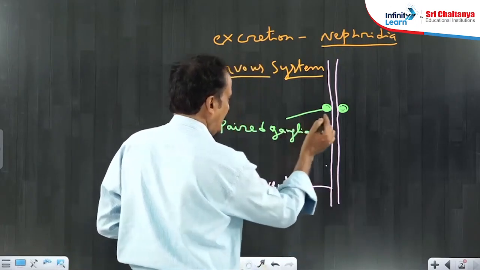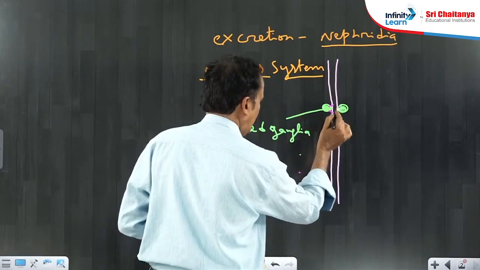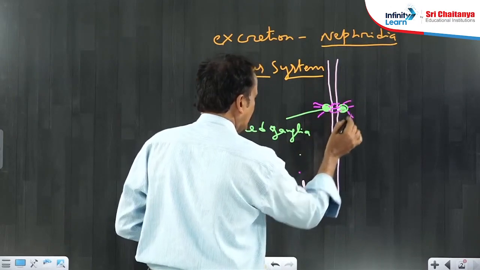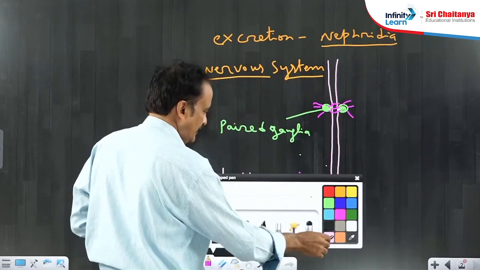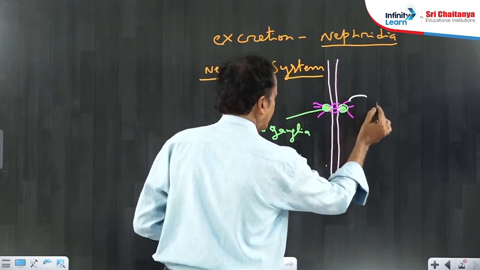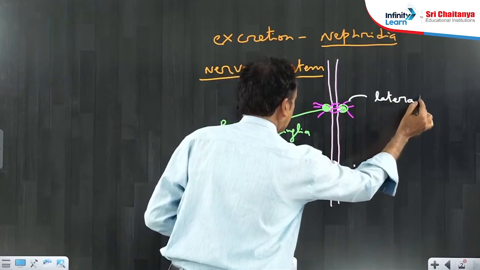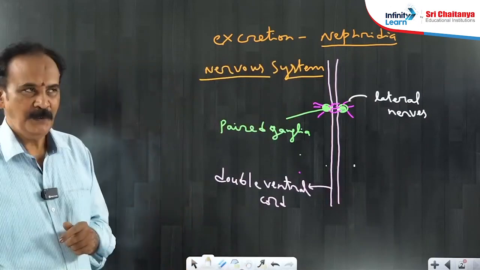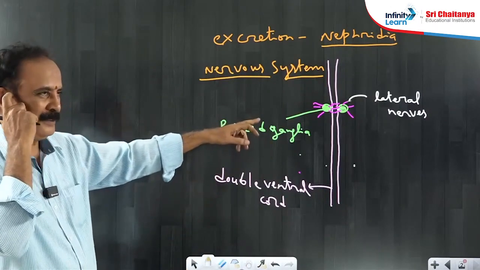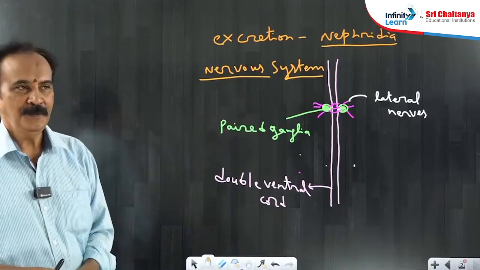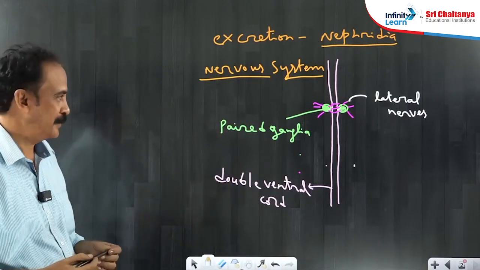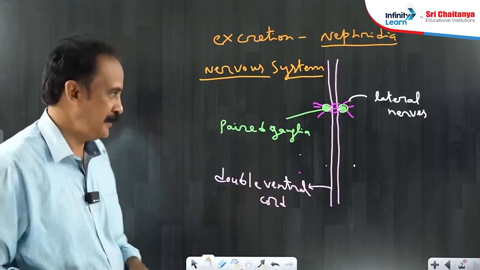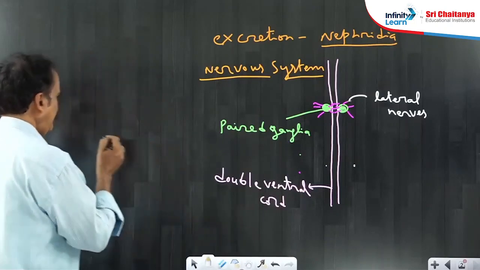I will use this color to indicate they are connected with the help of the lateral nerves. These are the lateral nerves. So with the help of the lateral nerves, it is connected with the nerve cord. If you can remember this diagrammatic structure, you can understand how nerve coordination works in Annelida. Sense organs are poorly developed, or they have structures as receptors.